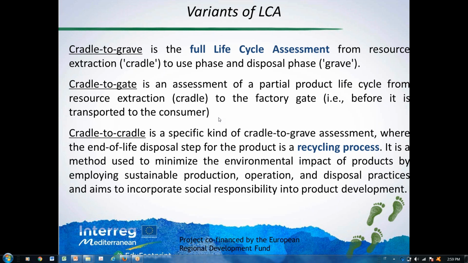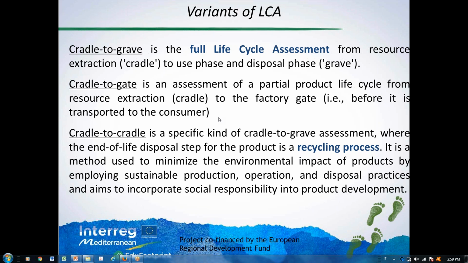You can choose to start from cradle and stop at cradle 2. This is a specific kind of cradle to grave assessment, where the end-of-life disposal step for the product is a recycling process.